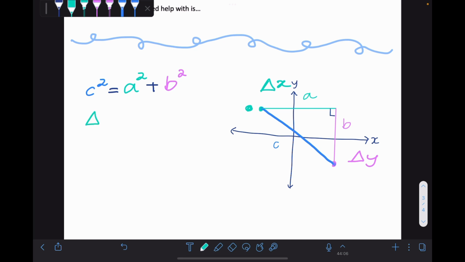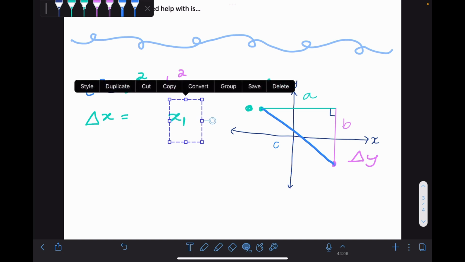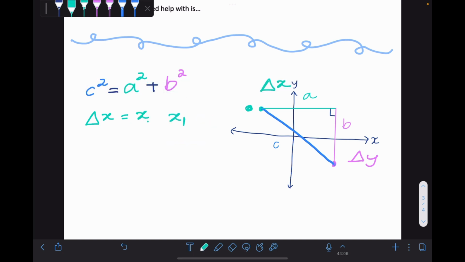Our change in x is written as how much the first x value changed in relation to the second value. So the difference between those is just x2 minus x1.